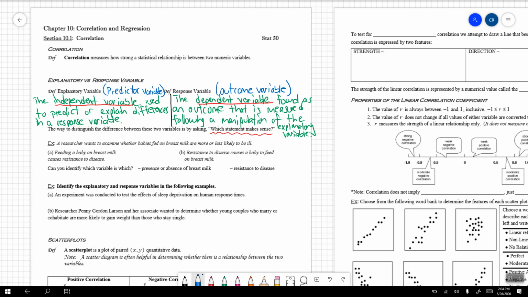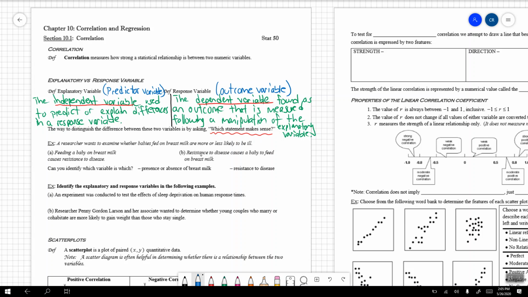Do we want to say that feeding a baby on breast milk causes resistance to disease? Well, yeah, that is looking at my explanatory variable and then the response variable, which then causes some resistance. In part B, we're saying resistance to a disease causes a baby to feed on breast milk.